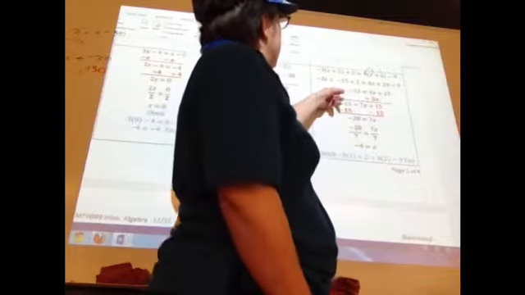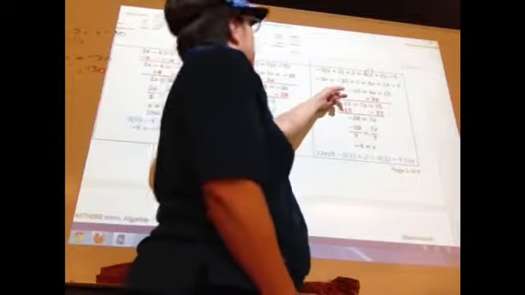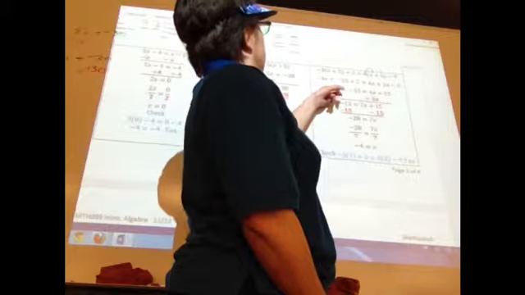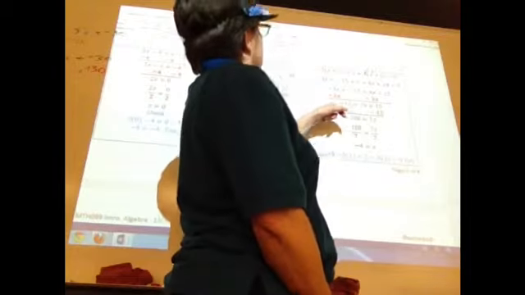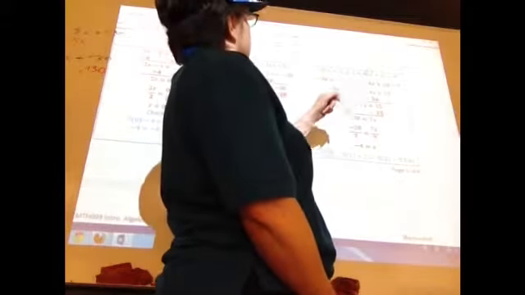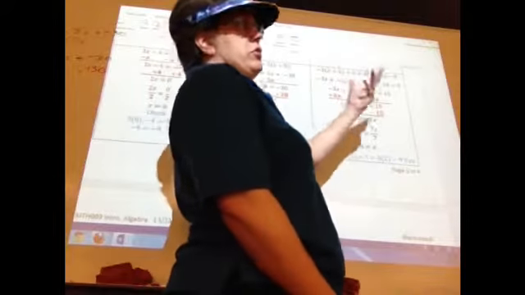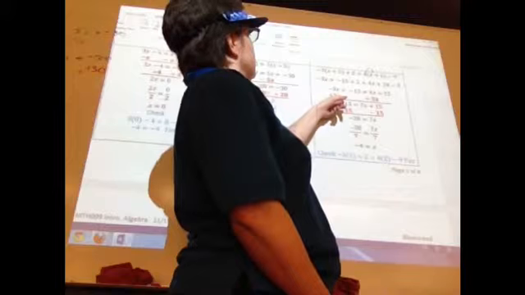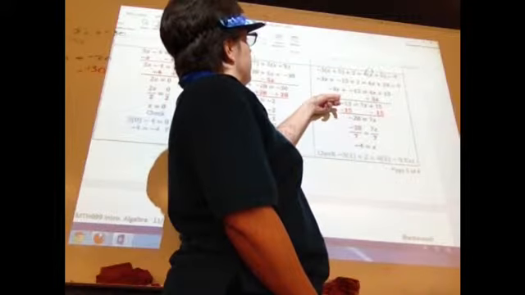Okay, so that means I have to get the variables out of the left. I'm adding negative 3x, so I can either subtract the negative 3x, which is the same as saying add the opposite, which is add a positive 3x. So I'm going to add positive 3x.